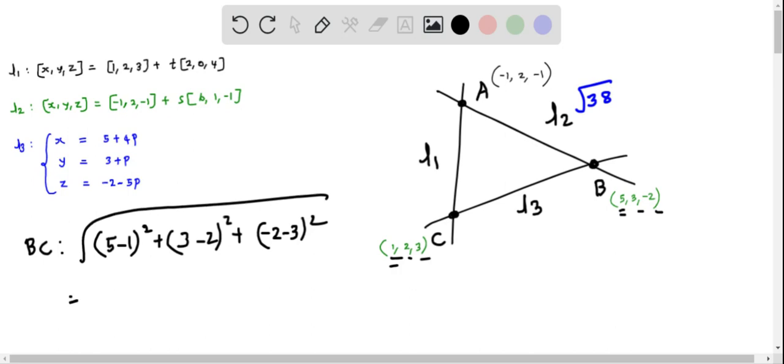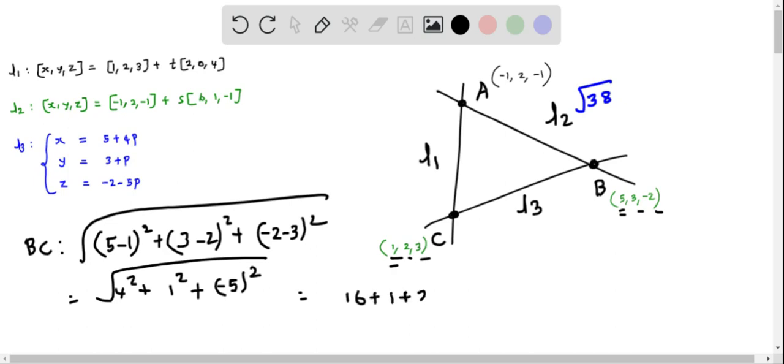So this equals 5 minus 1 is 4 square, plus 3 minus 2 is 1 square, and minus 2 minus 3 is negative 5 quantity square. So this becomes 16 plus 1 plus 25, and 16 plus 1 is 17, and 17 plus 25 is 42. So this is equal to root 42. So I mark root 42 for the side length BC.